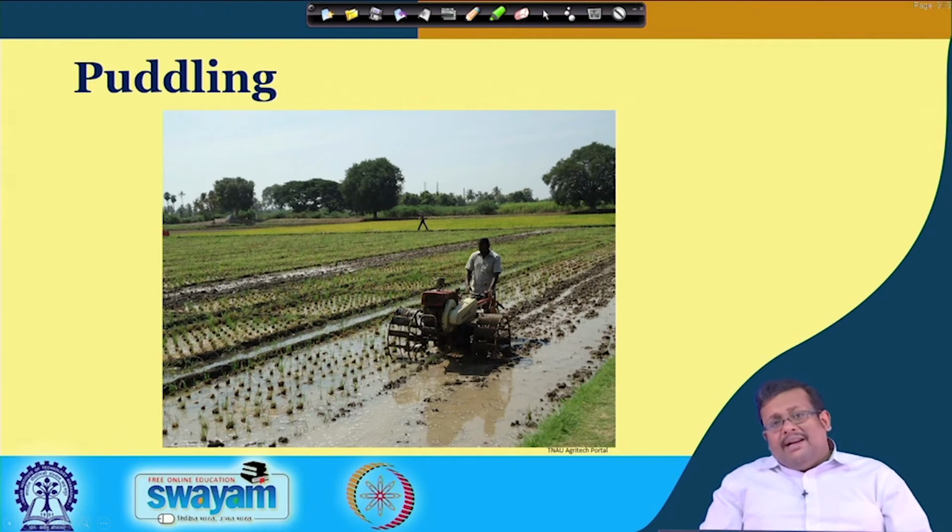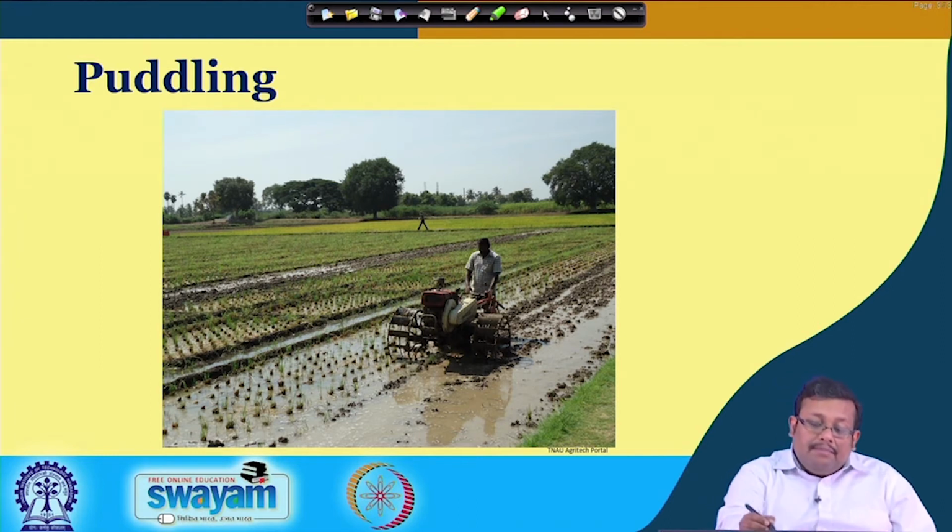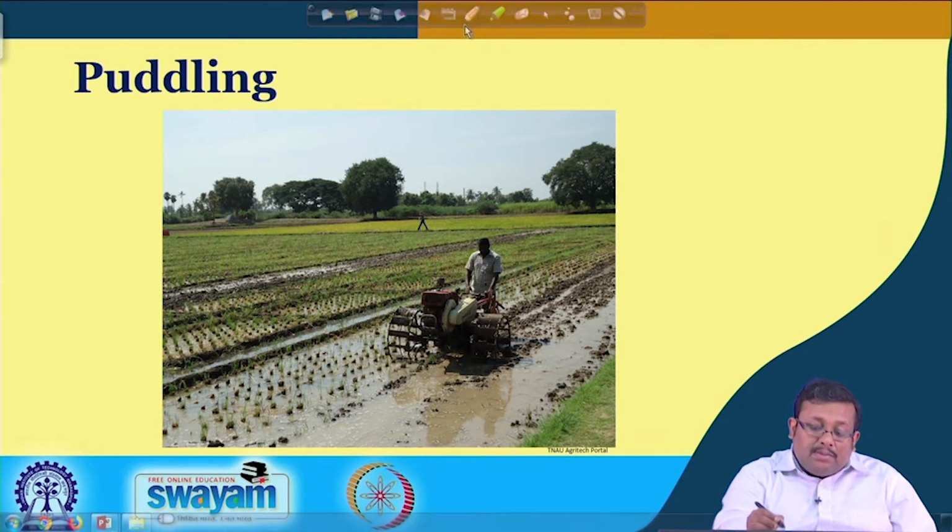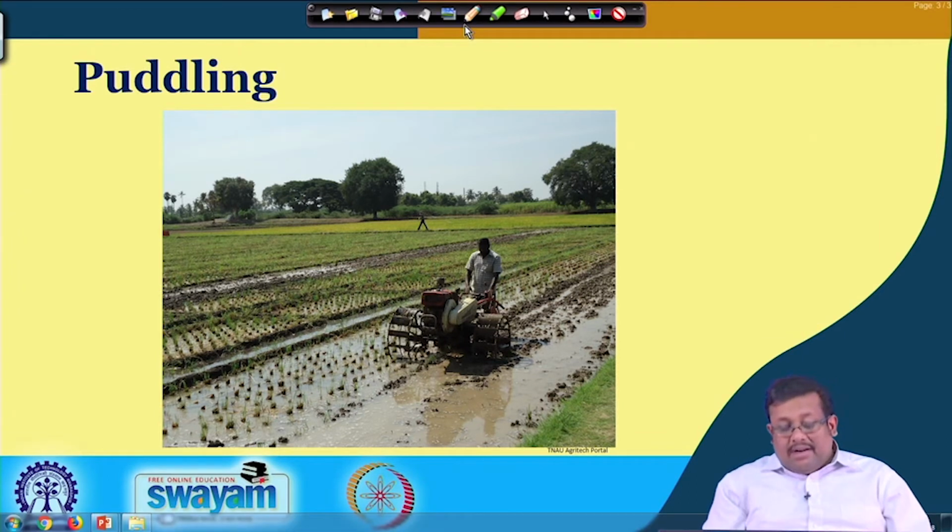Now, regarding puddling, you must have seen this quite a lot in the rice field, because we generally do the puddling operation in the rice field in the presence of standing water, and we are further breaking down the clods due to secondary tillage.